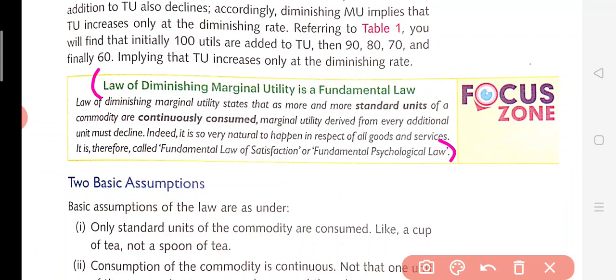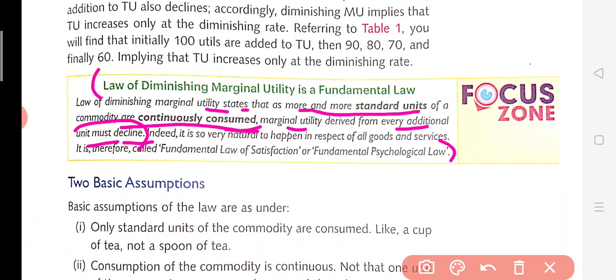The law of diminishing marginal utility states that as more and more standard units of a commodity are continuously consumed, marginal utility derived from every additional unit must decline. This should happen, it must decline. If it is not declining, then you're doing something wrong.